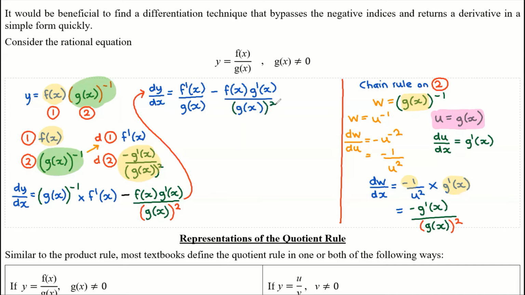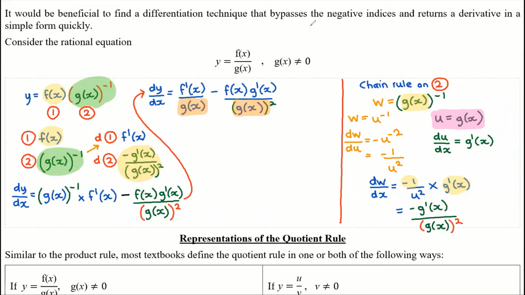I've got two terms there. I don't like having two. Can I simplify it? Well, yes, I think I can. I've got g of x in the denominator here, and I've got g of x squared here. So all I'd need to do is multiply the first fraction by g of x top and bottom, and then I can combine the two fractions. So let's do that.